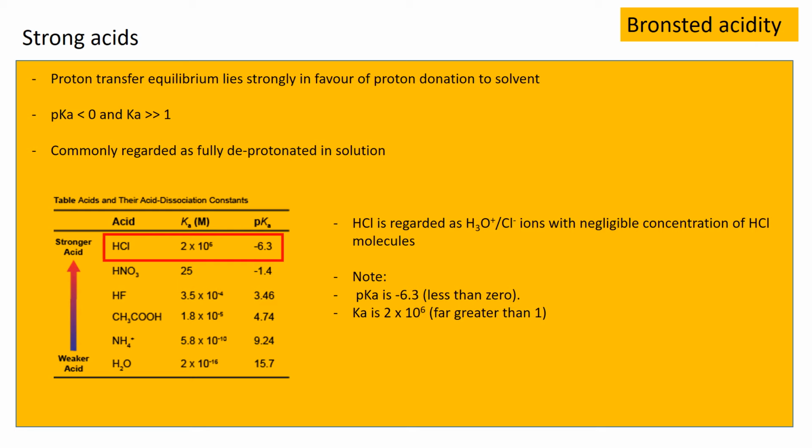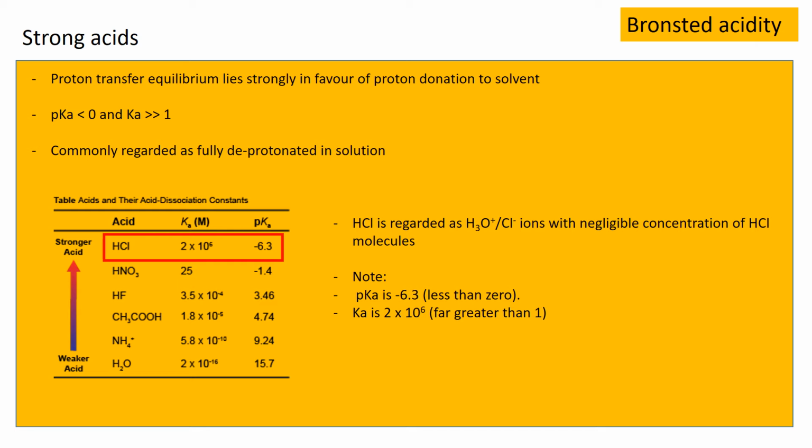Look at the strong acids, such as hydrochloric acid. It has a very high acidity constant, far greater than 1, 2 times 10 to the 6. What that tells us then is that in solution, the concentration of molecular HCl is very, very low.